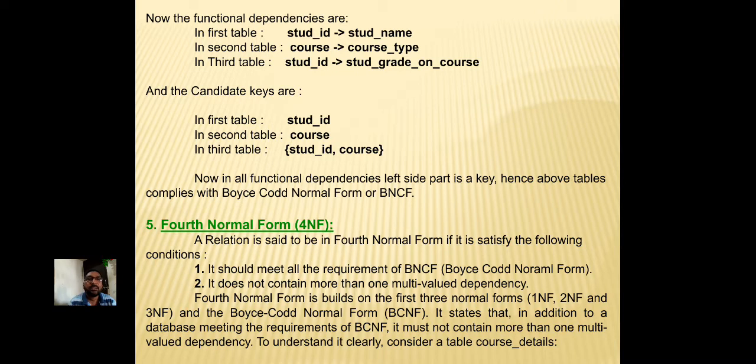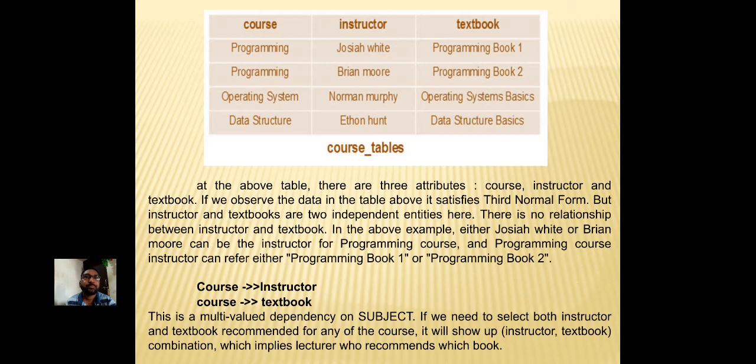To understand it clearly, consider a table, course detail: course, instructor, textbook. In the above table, there are three attributes: course, instructor and textbook. If we observe the data in the table above, it satisfies third normal form, but instructor and textbook are two independent entities here.